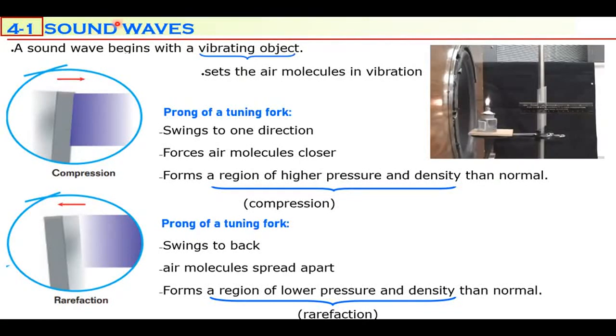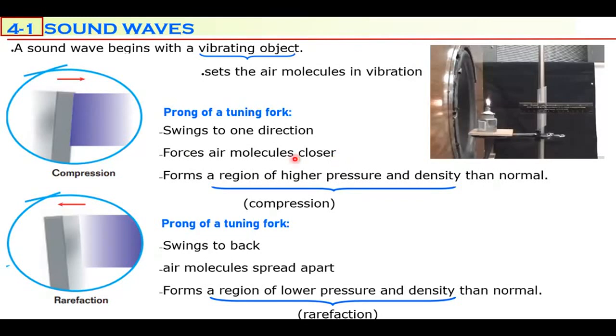Or it can be a tuning fork, which is a device used in an experiment. The tuning fork's prongs can vibrate and then produce sound. If the tuning fork's prong is vibrating, swinging right and left, then when it swings in one direction, it forces the air molecules to come closer.